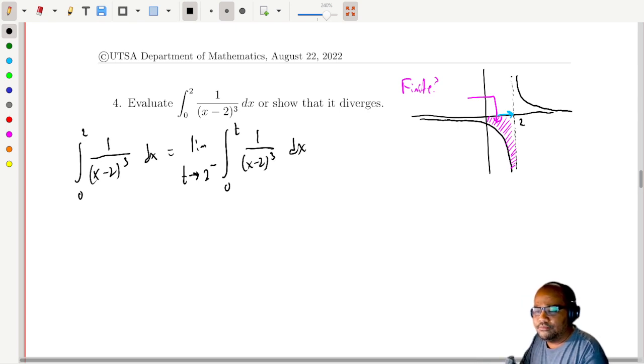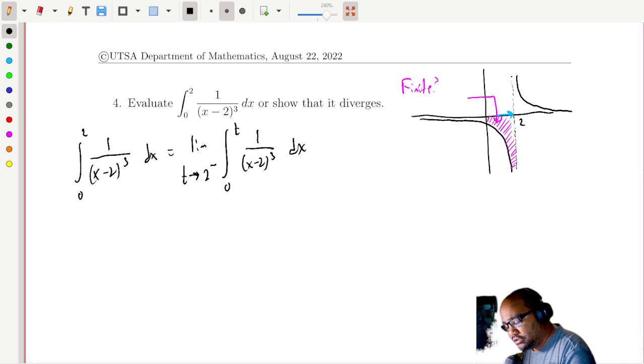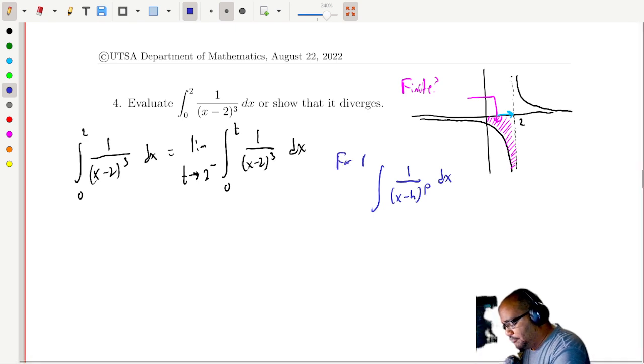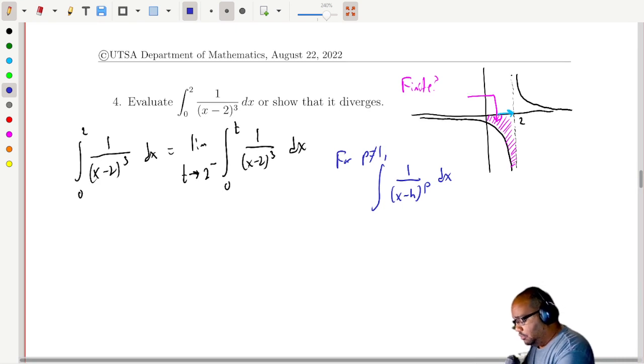Well, how do we integrate this thing? Of course, you can do a u substitution and shift some indices. But remember our base integral. Let's write this down as a nice fact. If I integrate 1 over (x minus h) to the p, for p different from 1, we think about this with the power rule.